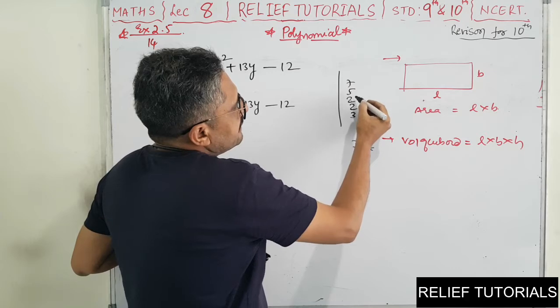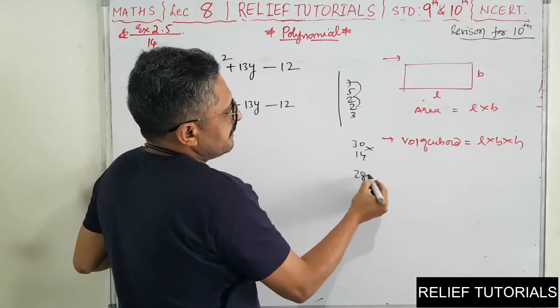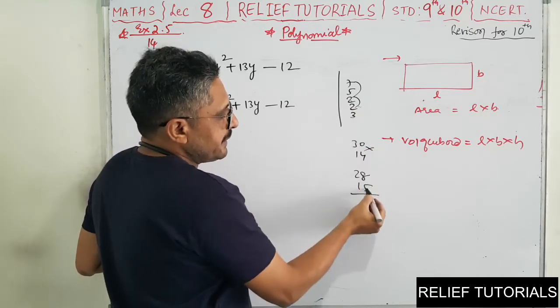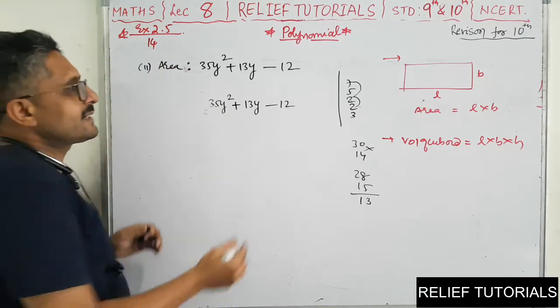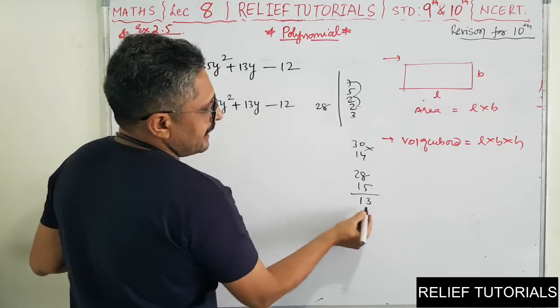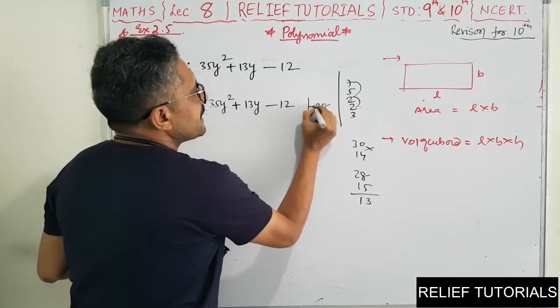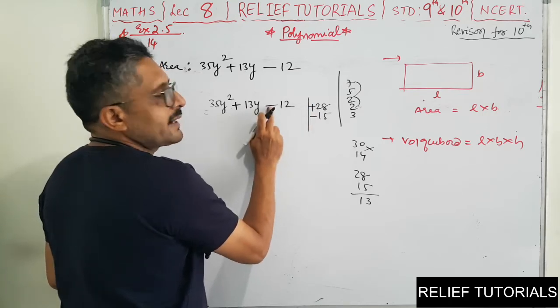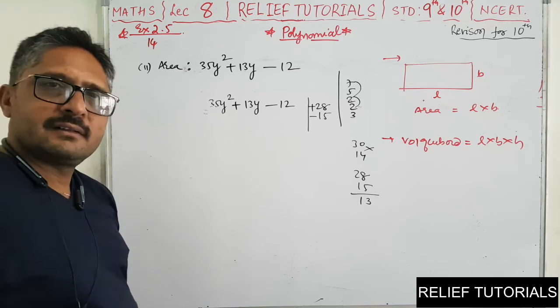Like 7 2s are 14, 14 2s are 28, and 5 3s are 15. 28 and 15, 28 minus 15 is 13. See, you got it. So keep on practicing. So here you will get 28 and 15. These are the factors. So here it is plus, so plus 28 minus 15 is plus 13. Plus into minus is minus. So two conditions satisfied, so you got the factors. Clear?